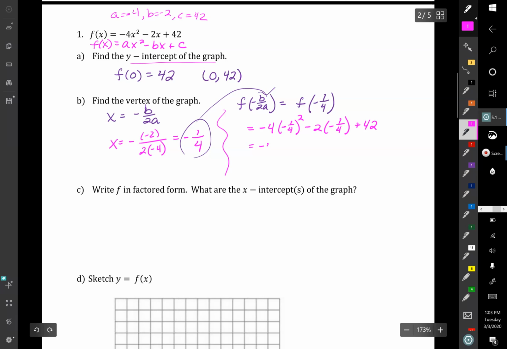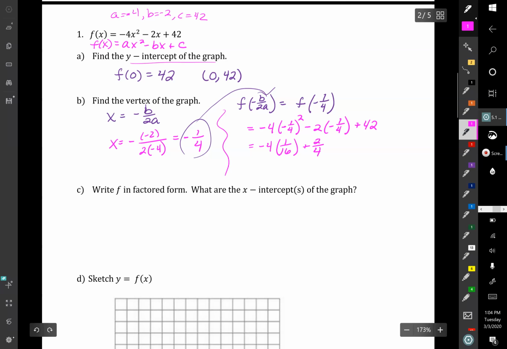So negative 4 times negative 1/4 squared is going to give us a positive 1/16. And then I have minus 2 times minus 1/4, which will give us a positive 2/4.